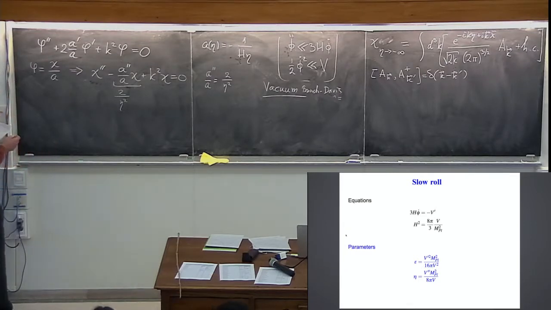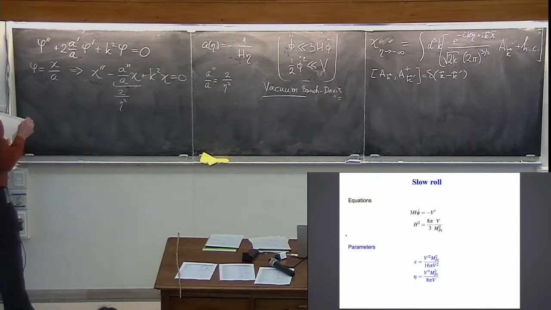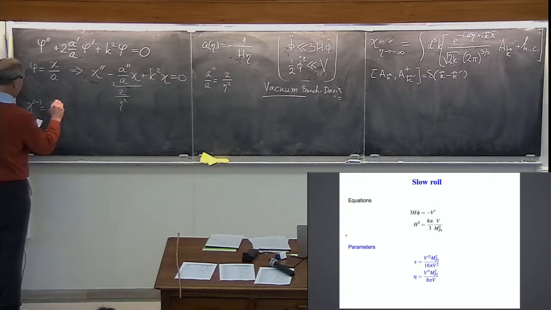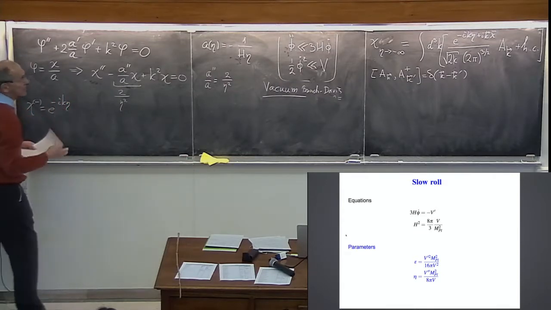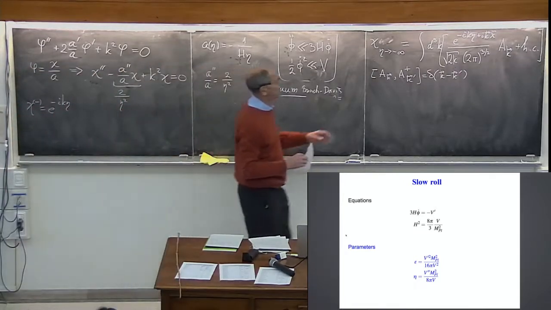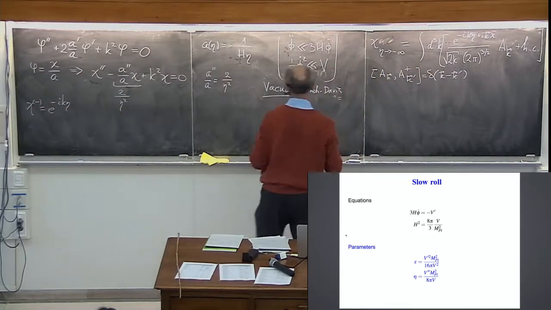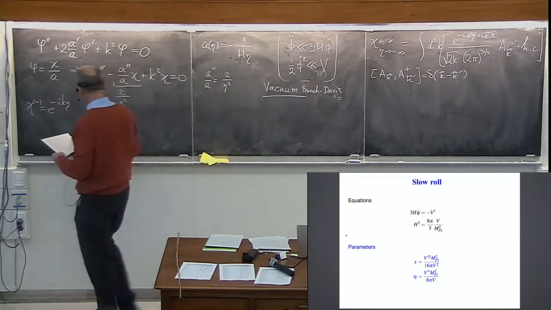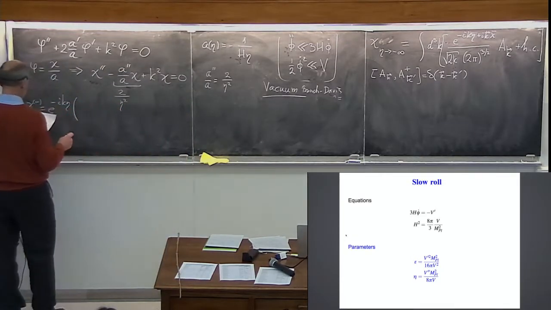The solution that tends to the exponential behavior, chi minus equals e to the minus i k eta, that's what's here, but that's no longer true in the superhorizon regime.